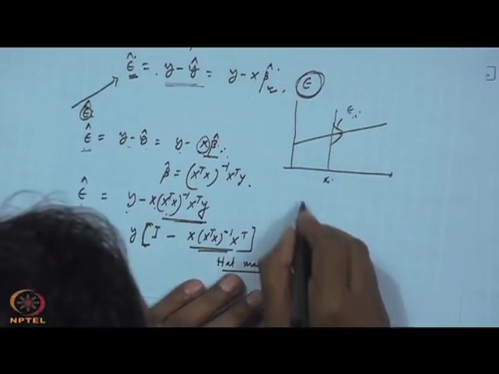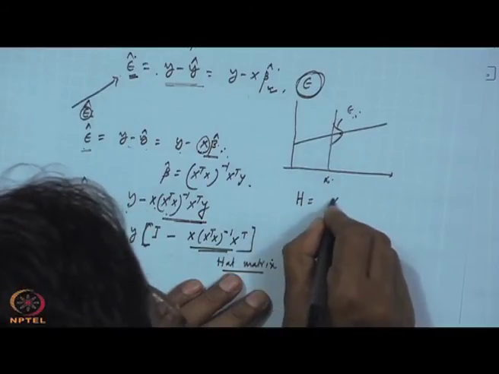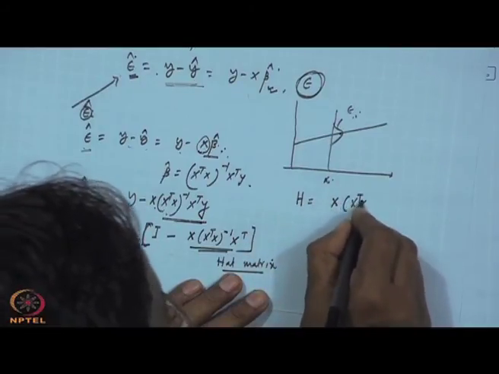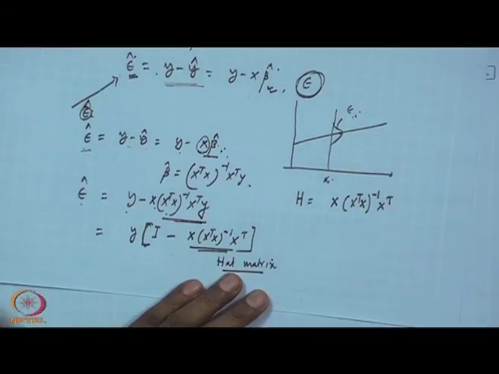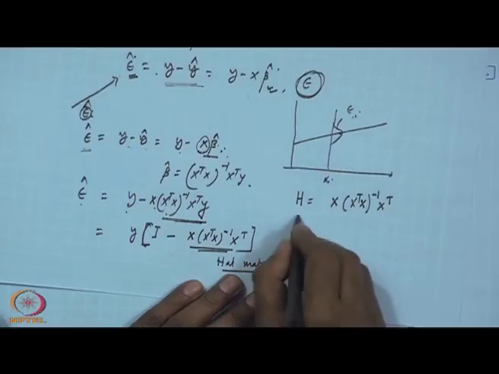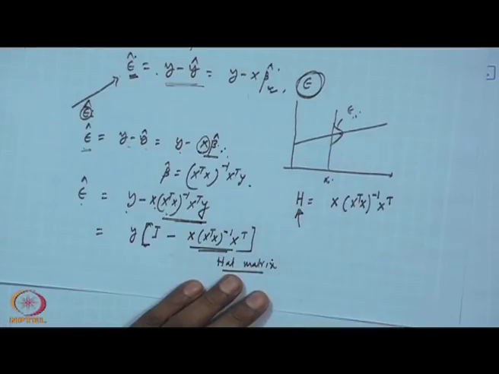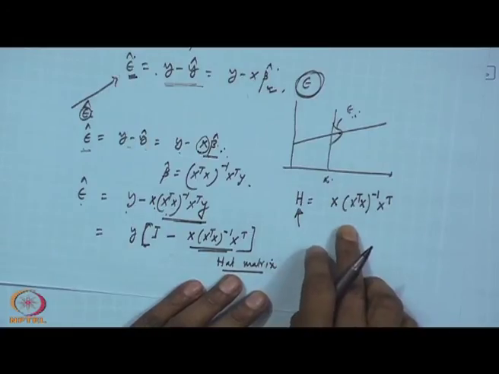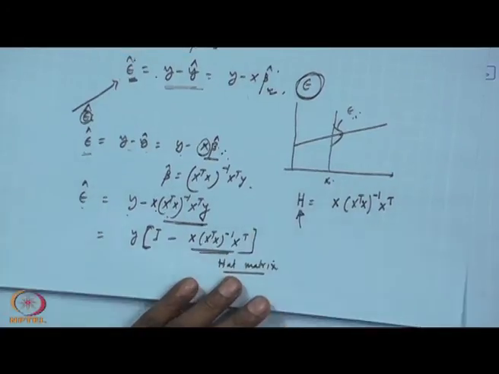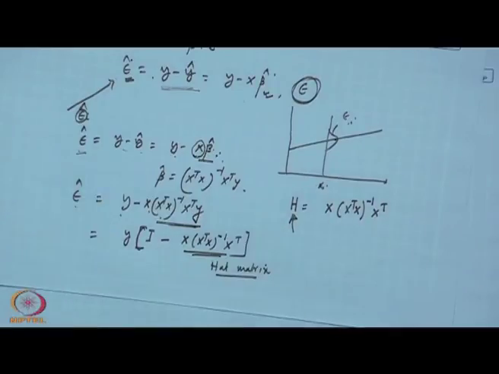So, the hat matrix is denoted as H equal to x transpose x inverse x transpose. The hat matrix is very popular in regression, and in diagnostics of multiple regression this hat matrix will be used. It is basically the projection property; this one is the projected one onto the planes, the x plane and the y plane.